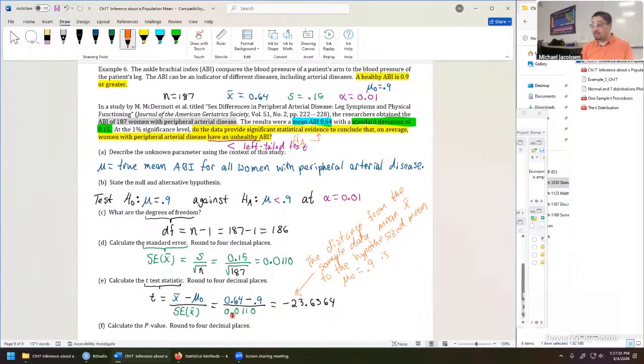the standard deviation and it does a pretty decent job. So we can say it is approximately 23.6364 standard deviations away. Here, I just focused on the magnitude. That's how far they are from each other. The negative sign just says the sample mean is to the left of the hypothesized mean.